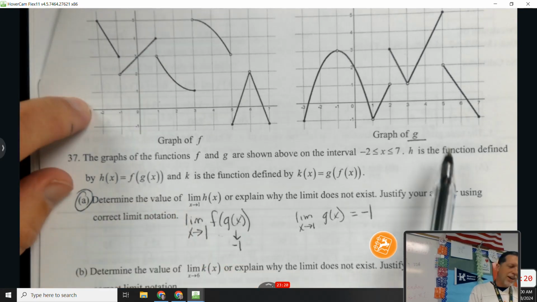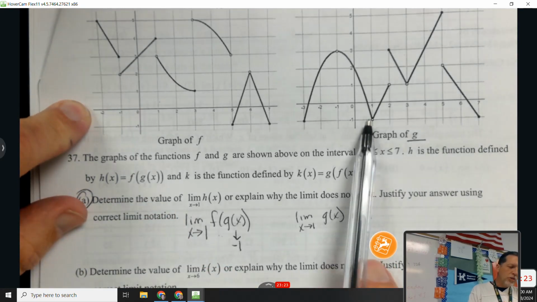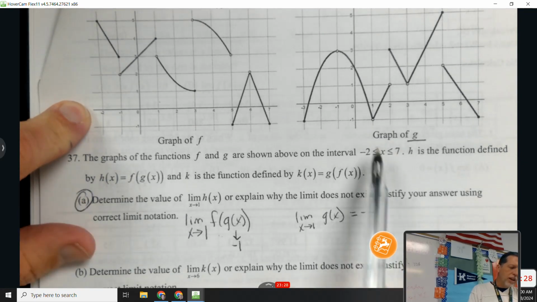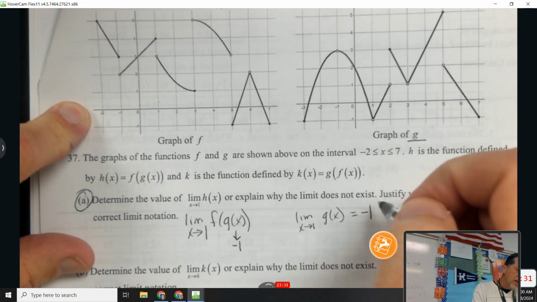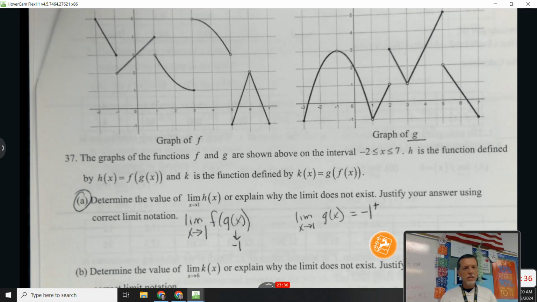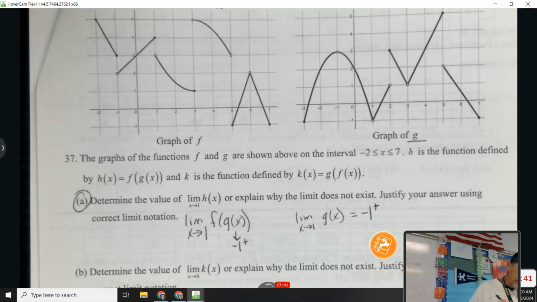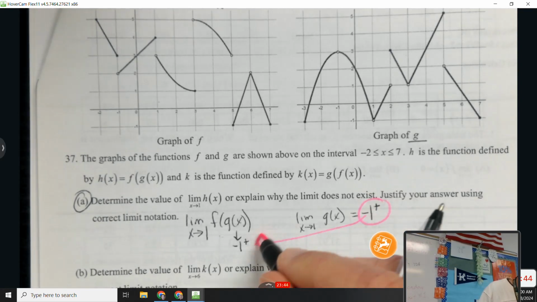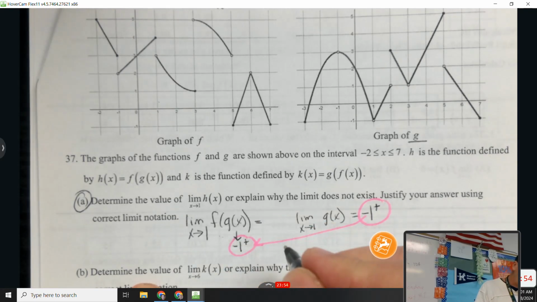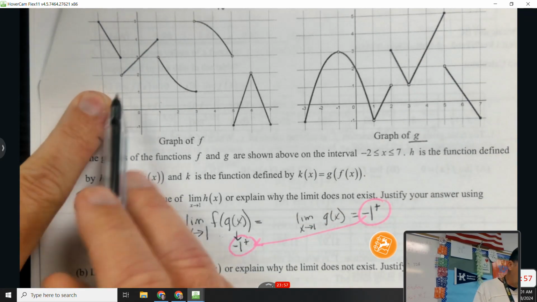But back up to our g: as x approaches 1, g of x is approaching negative 1, but g of x is always coming from the top, so it's always a little more than negative 1. That means our input to the f function is always a little more than negative 1, meaning from the right. So our answer is: negative 1 from the right would be 2.